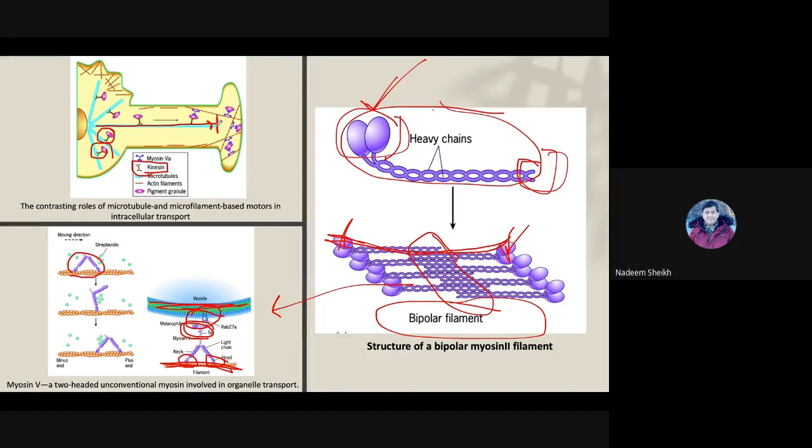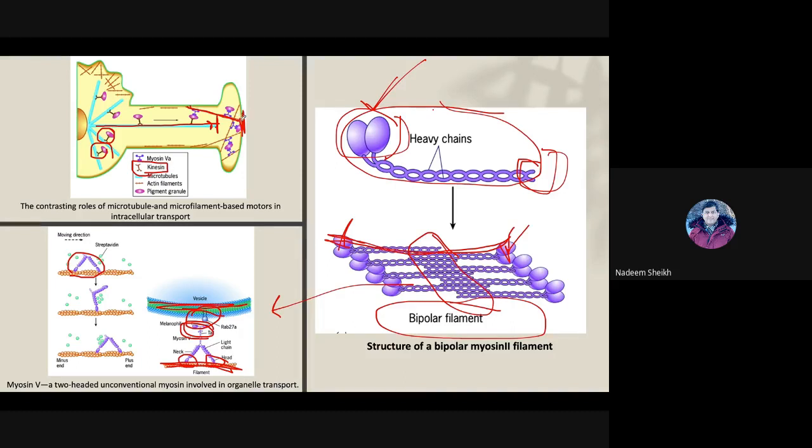That means this microtubule cannot extend up to the surface of the cell, or go up to the plasma membrane because of its diameter. So in order to facilitate the transport to the plasma membrane, from this particular end the cargo is handed over to the myosin motor protein, which walks along the actin filaments.